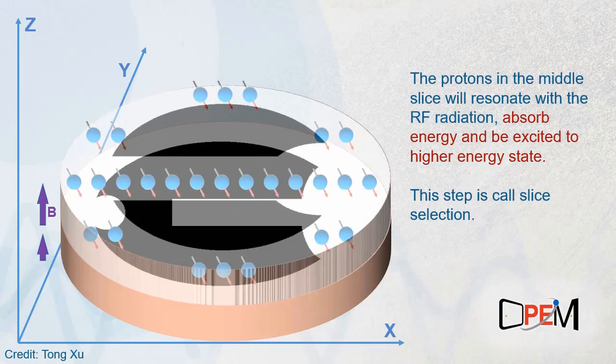As you can see, this excitation is very selective, controlled by the frequency of the RF pulse. This step is called slice selection.